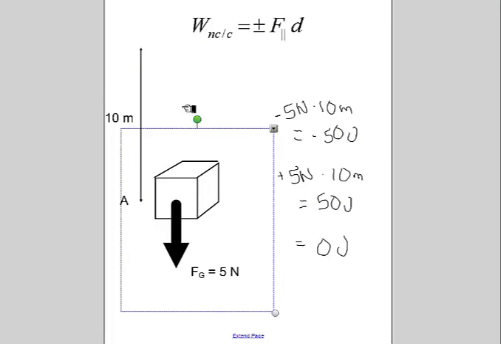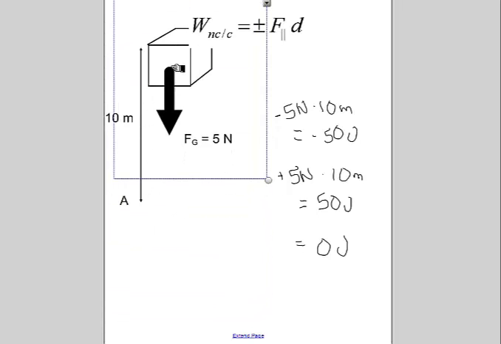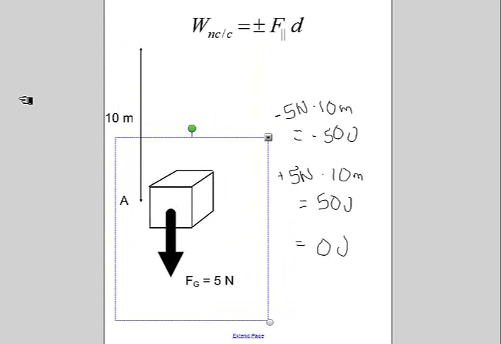At the end part of the video, if you want to stick around, I'll show this with a slightly more difficult path, for those of you who are interested, to give you some confidence that this holds true for paths that are more complicated than just straight up and straight down. So that was a conservative force of gravity.